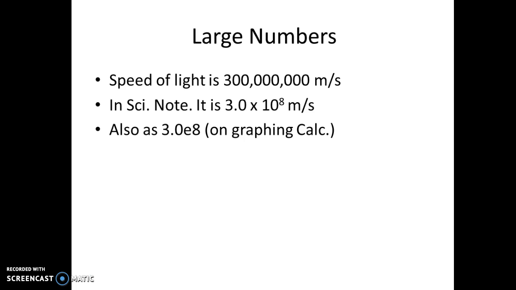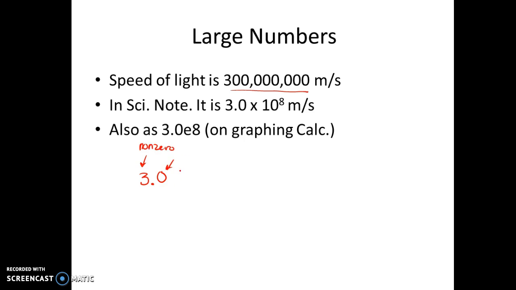So you're going to take the number, such as here we've got the 300 million. Your decimal goes after the first non-zero. So that's anything that's not a 0. 3.0.